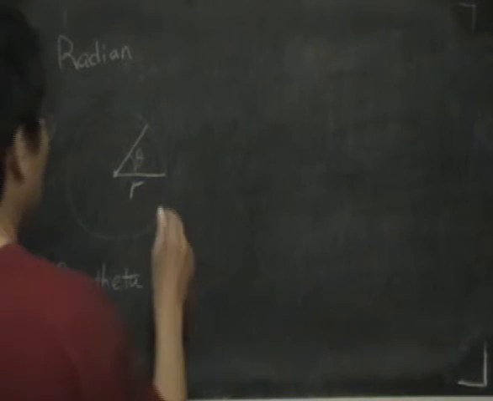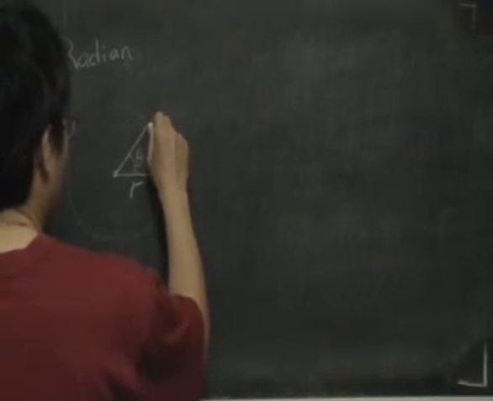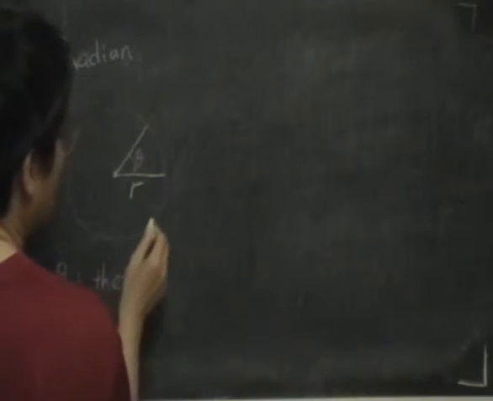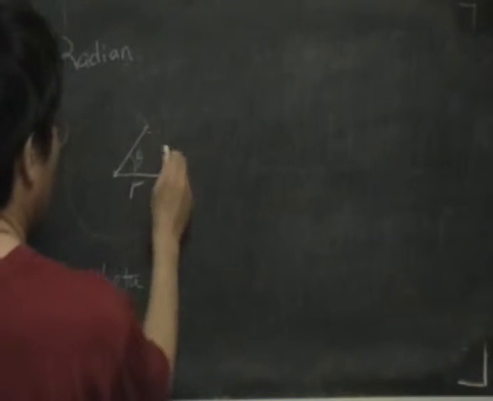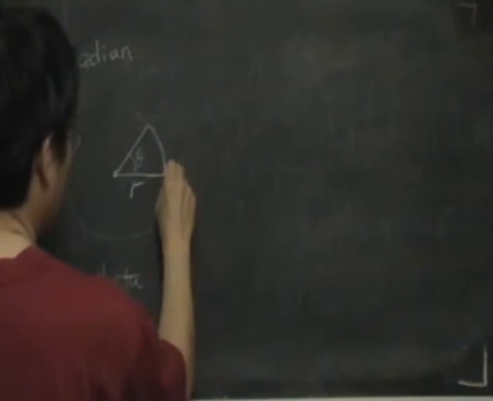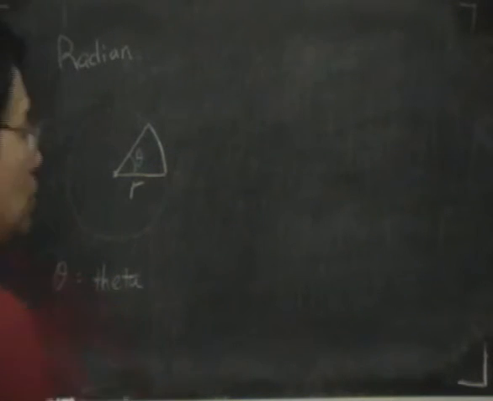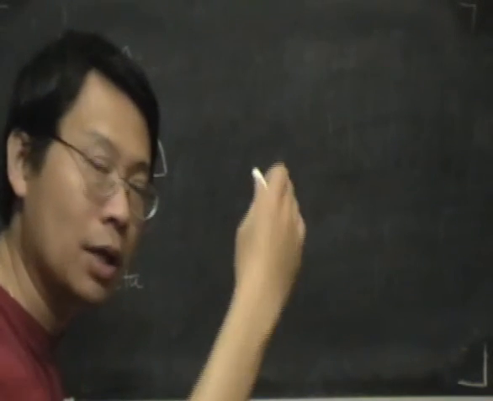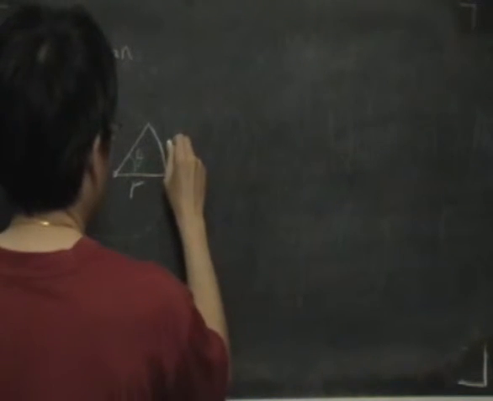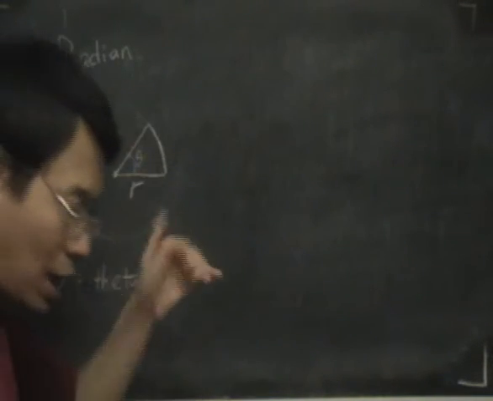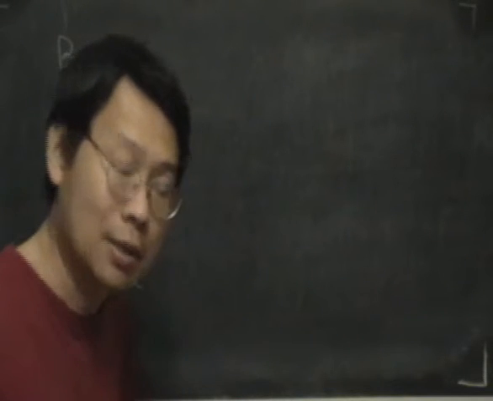Now I'm going to look at the arc joining these two lines. So this arc here, the curved line along the circle. This arc will have a certain length.